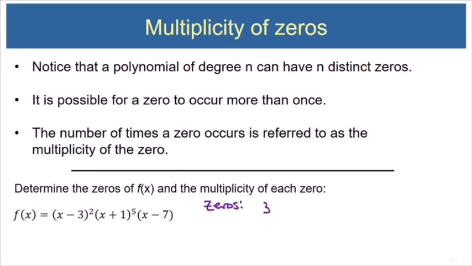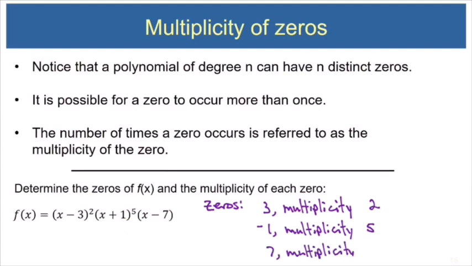So we would say that the zeros are 3 with a multiplicity of 2, -1 with a multiplicity of 5, and 7 with a multiplicity of 1. In other words, 3 is a zero for two of the factors, -1 is a zero for 5 of the factors, and 7 is a zero for one of the factors.